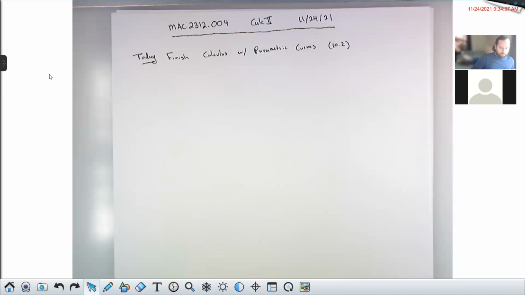You can only do it in the situations where the thing behaves like a regular function, and in that case, you get the same result. I also gave you the formula for the arc length of a parametric curve, and we discussed just a tiny bit where that comes from. I want to show you that in some detail here today and do some calculations for you, because those arc length integrals, those are cool.